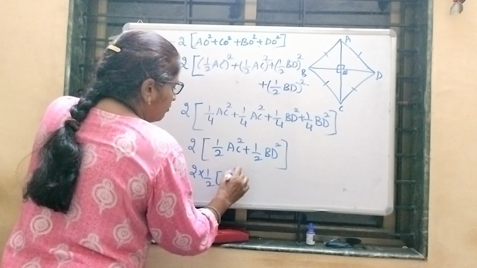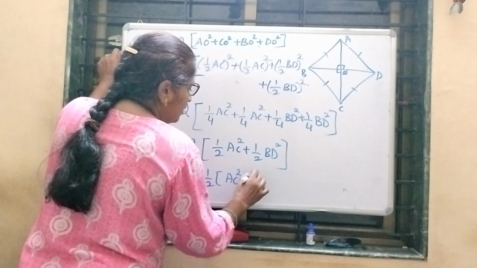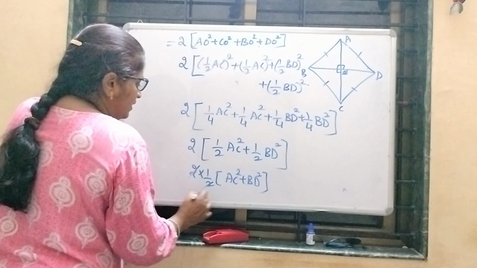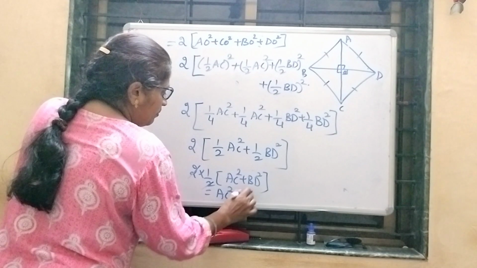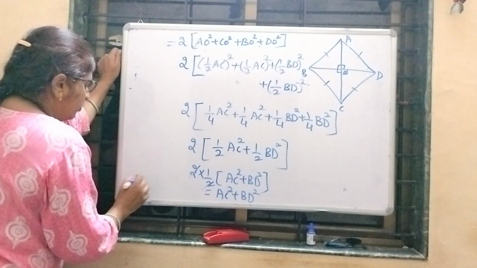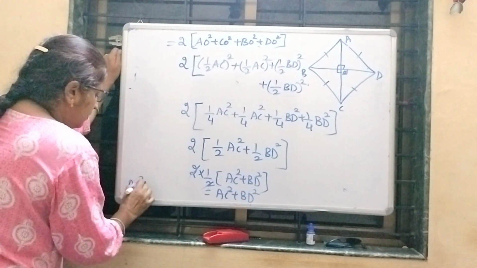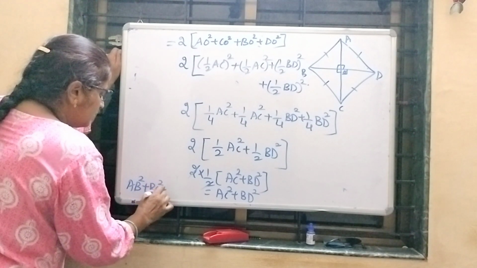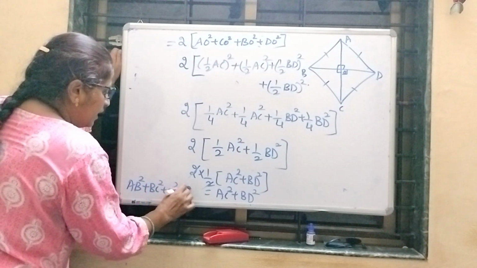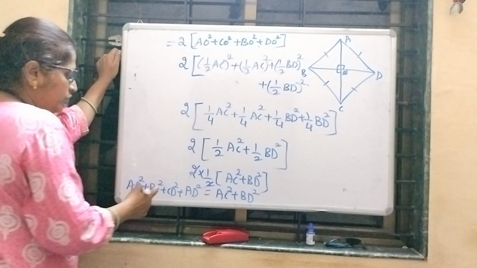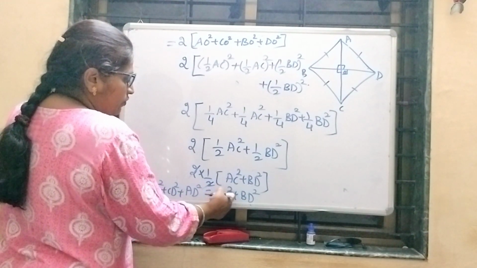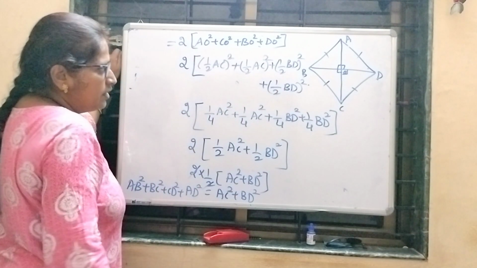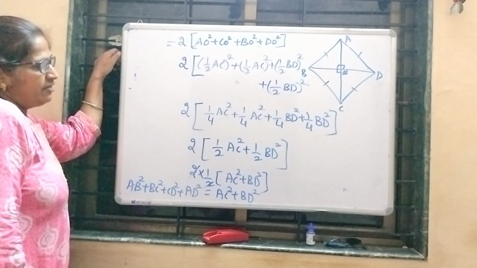In the bracket you will be left with AC square plus BD square. The 2 gets cancelled. So you will be left with AC square plus BD square is equal to, you have to write here AB square plus BC square plus CD square plus AD square. Sum of the squares of all the sides of a rhombus is equal to sum of the squares of its diagonals. That is how we proved the 7th question, children.